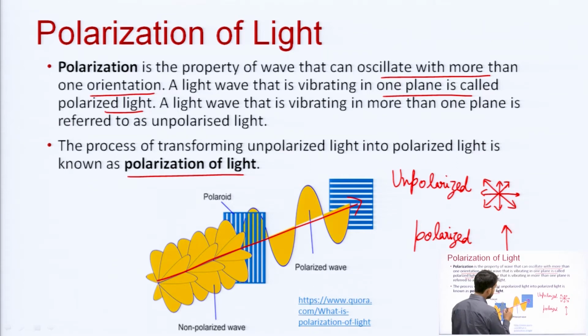So, this is a polarized wave, this is an unpolarized, non-polarized wave, and if there is a Polaroid of perpendicular orientation compared to the earlier one, then no light will pass beyond this point. All the light will be stopped by this Polaroid.